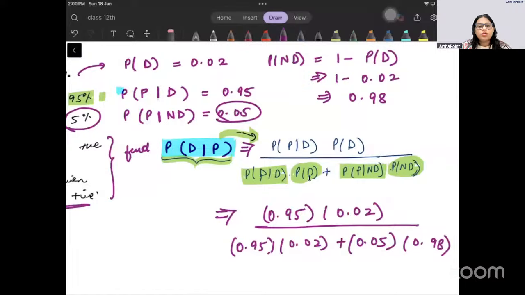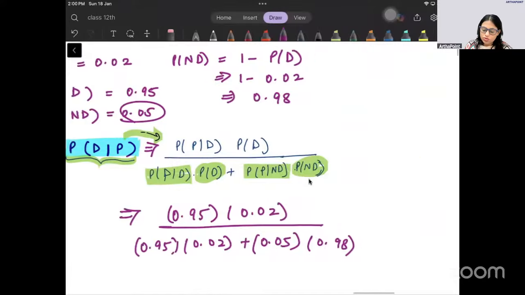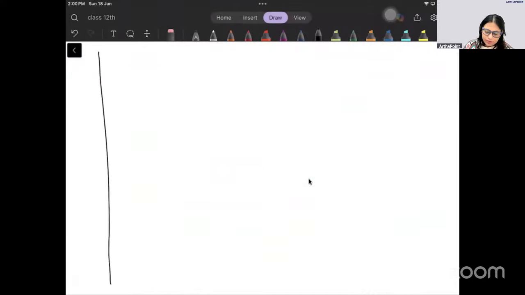Okay. So one more question we'll do and then we can move on to the next topic. Write down the question and try to do it. There is a factory which has 3 machines, right?